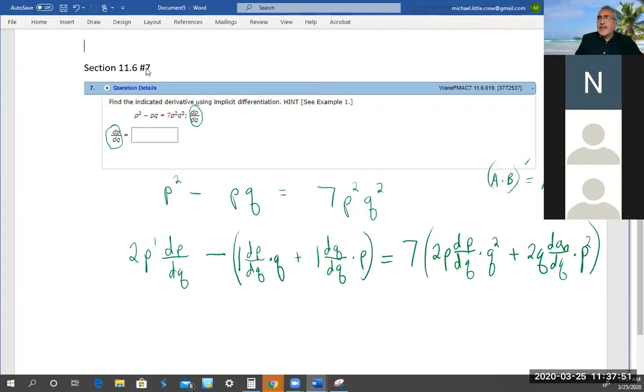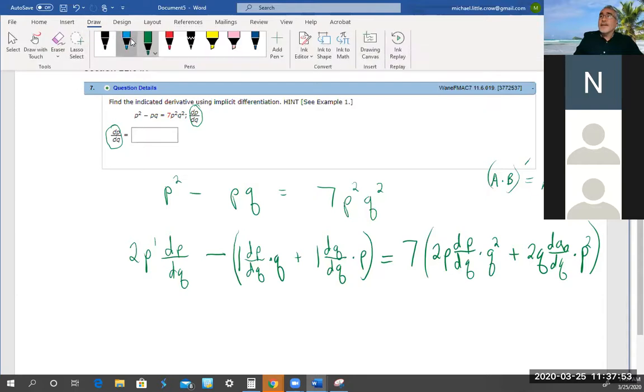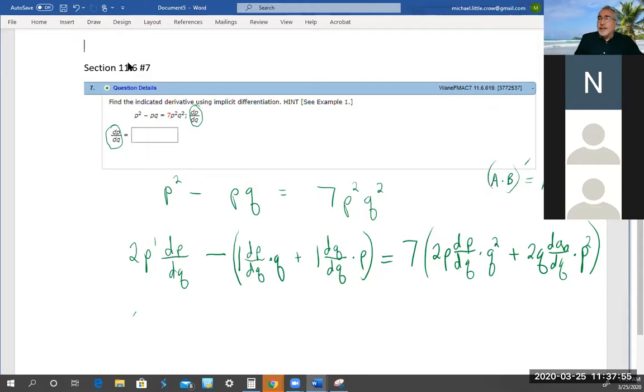So now I'm going to clean it up. This is really here just 2p dp/dq. And remember, that's what I'm solving for. I'm going to distribute this negative sign at the same time I'm cleaning it up.